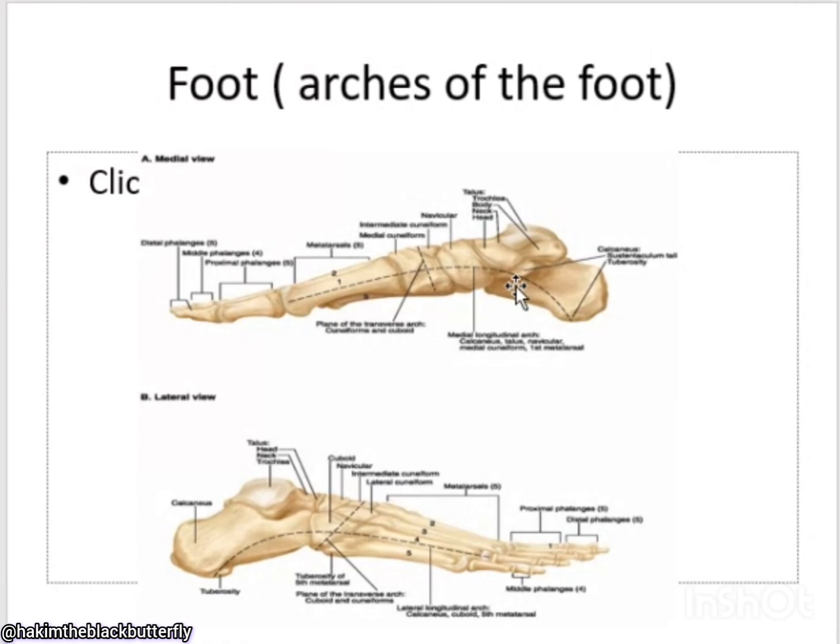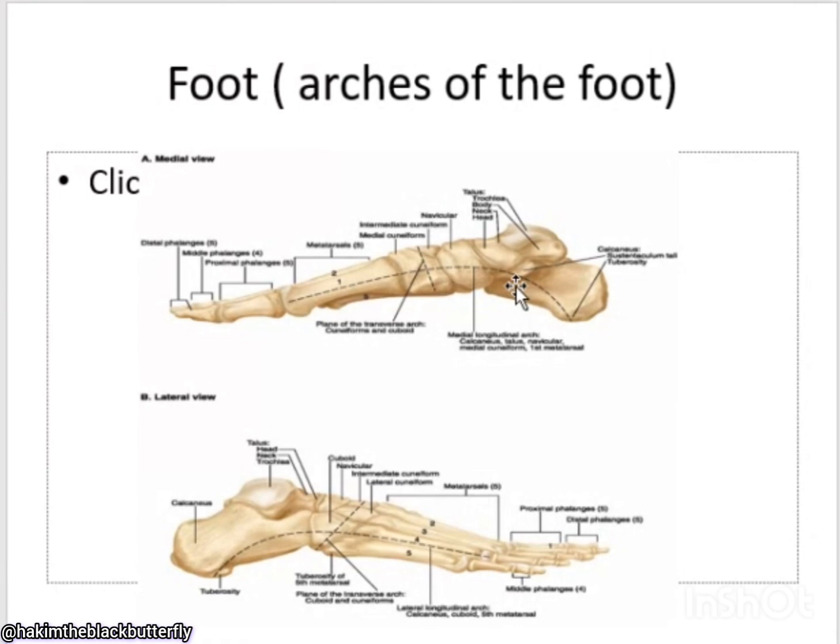It stretches from the calcaneum to the heads of the metatarsals. In other words, it keeps the two ends of the arches in position so that they do not slide away, so that you do not get a flat foot.